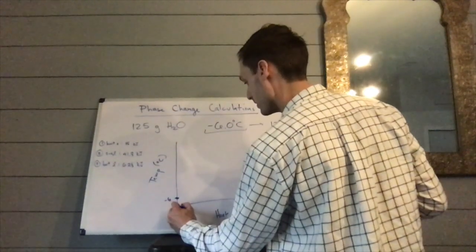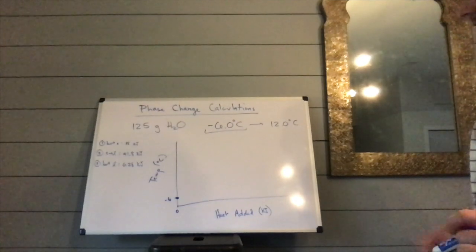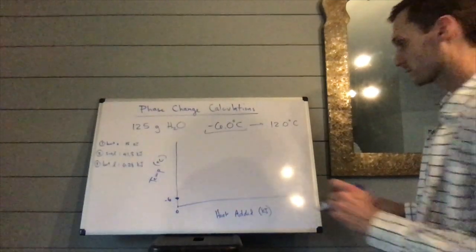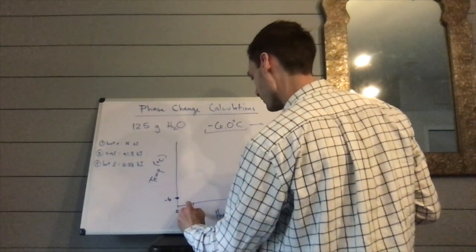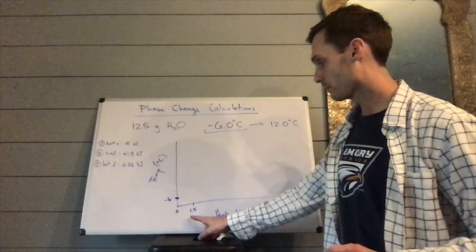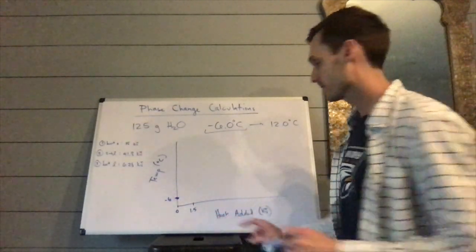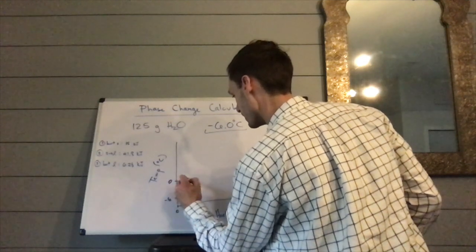So this would be 0 heat added. We are a solid at -6 degrees. Now, if we add 1.5 kilojoules of energy, I'm just putting the 1.5 on the axis here, we would get up to 0 degrees Celsius.